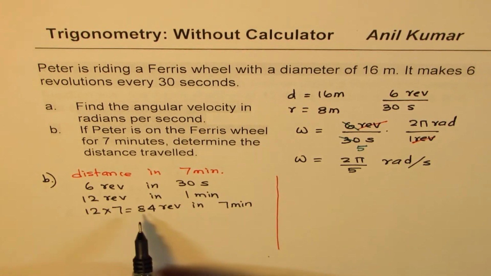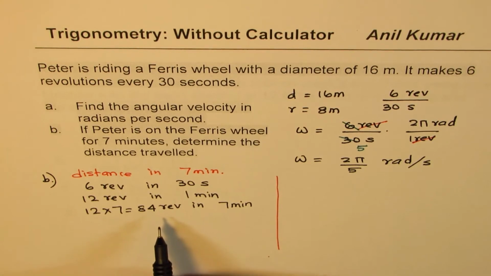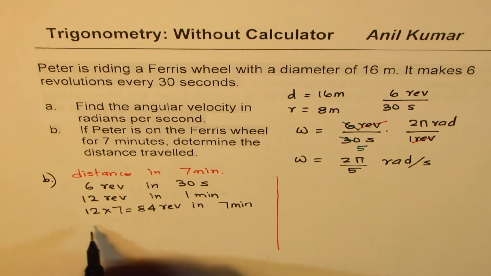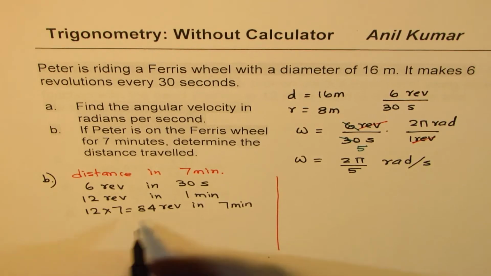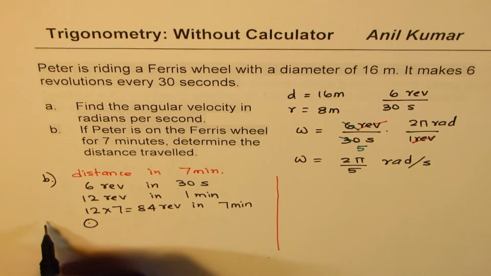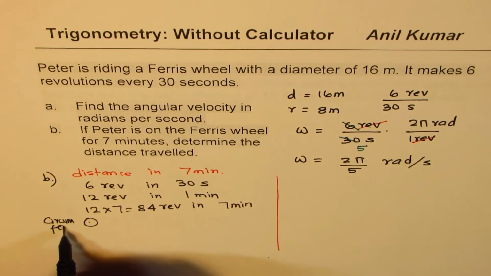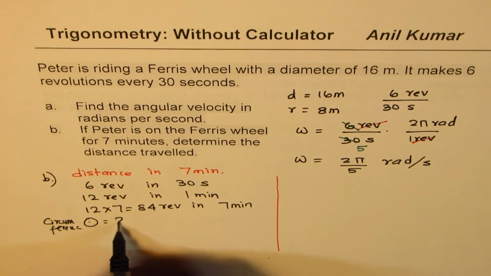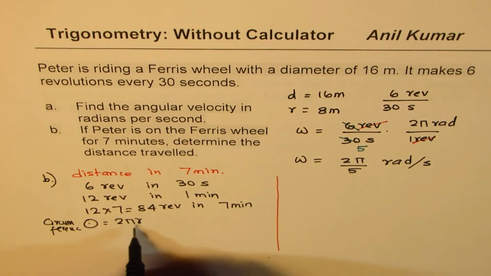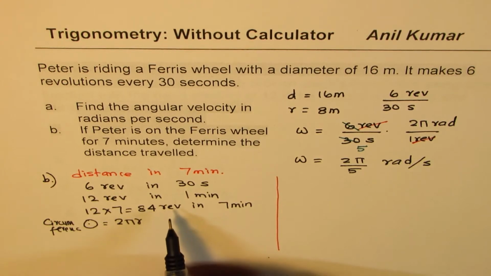So if you do so many revolutions, each revolution is how much? 2 pi r, correct? We know circumference is 2 pi r. This is per revolution. And that has to be multiplied by 84 to get the total distance traveled, right?